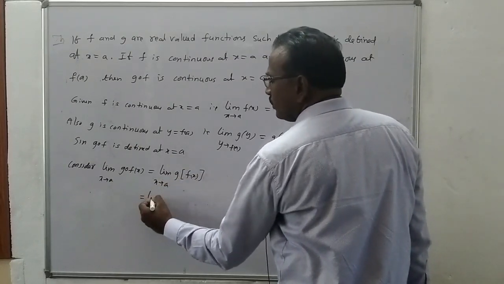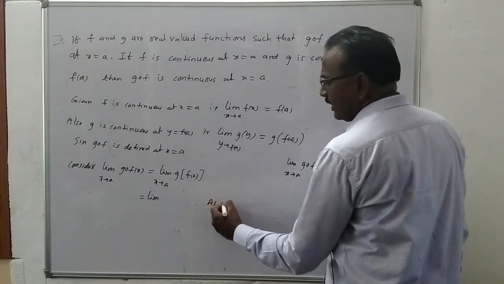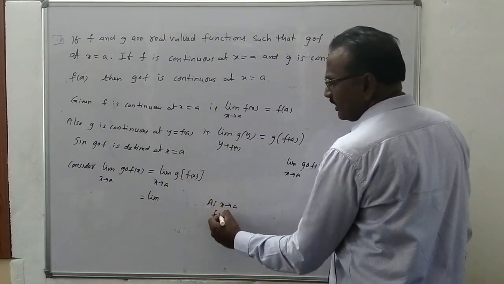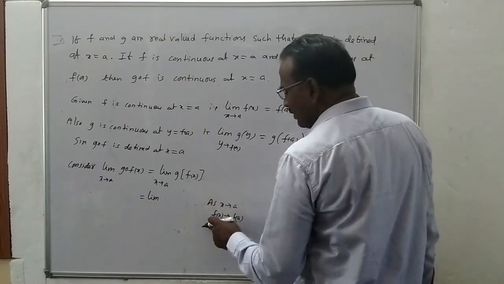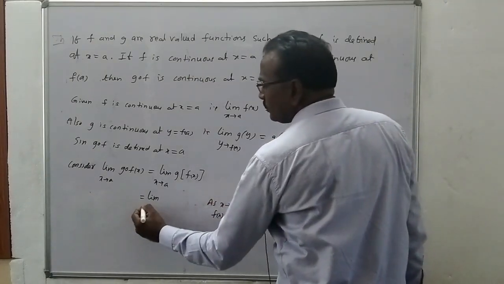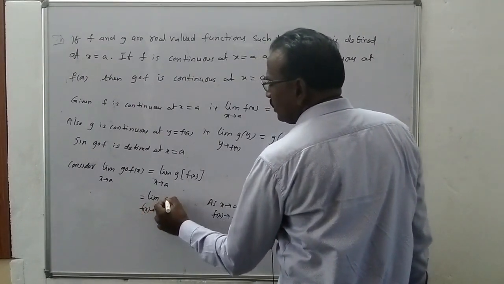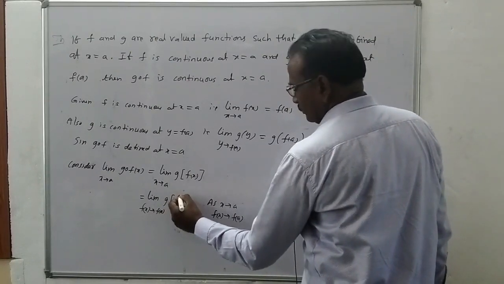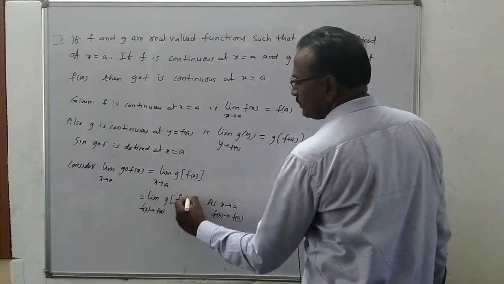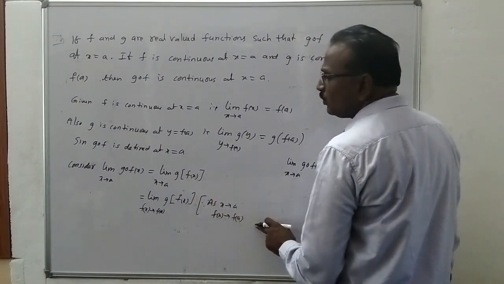So this is equal to limit as x tends to a, f of x tends to f of a. So therefore as x tends to a is same as f of x tends to f of a, so limit g of f of x, since as x tends to a, f of x tends to f of a.